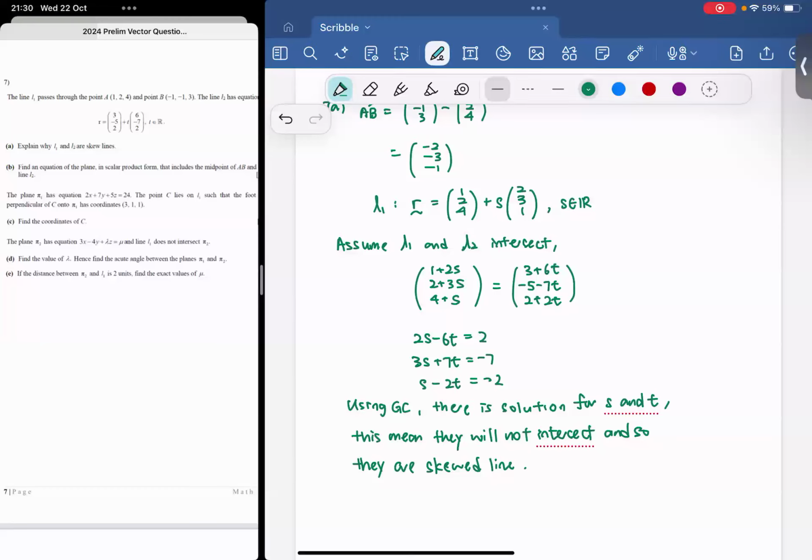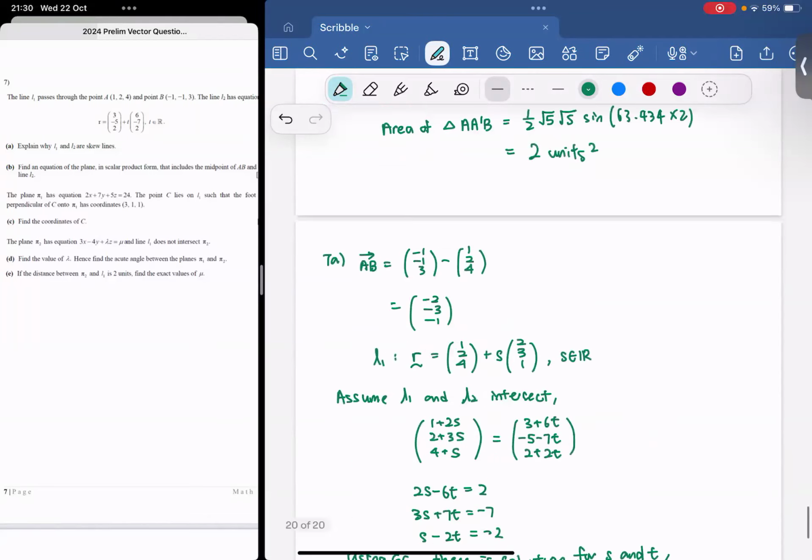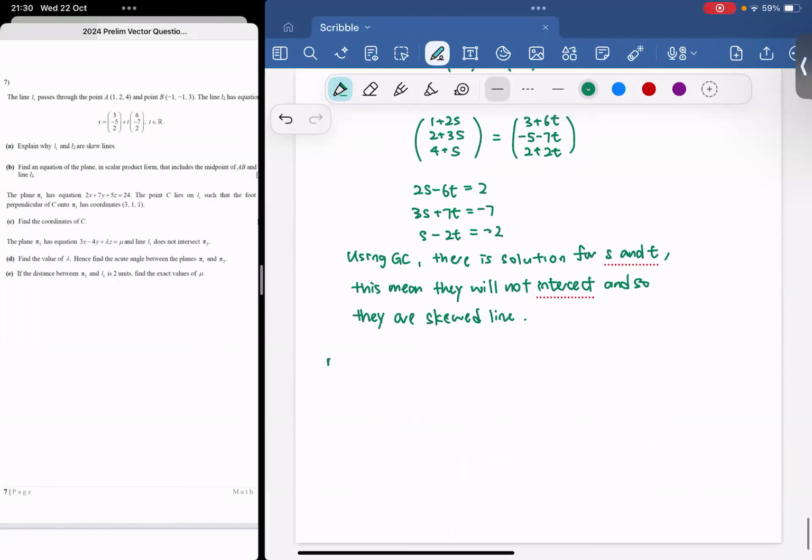Okay, next. Find an equation of the plane that includes the midpoint of AB and L2. So the midpoint of AB will just be (1 minus 1 over 2, 2 minus 1 over 2, 4 plus 3 over 2), which is (0, half, 7 over 2).